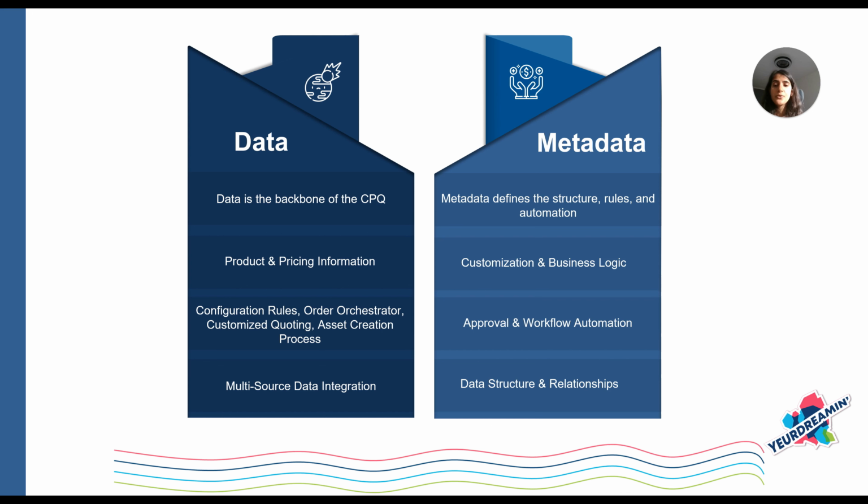And the most important, the obvious one, organizing the objects, fields, and relationships to ensure seamless data flow across the different modules. To summarize, data is chaotic, the one who constantly changes their mind, and metadata is the structured one who enforces rules and rolls their eyes at data nonsense.